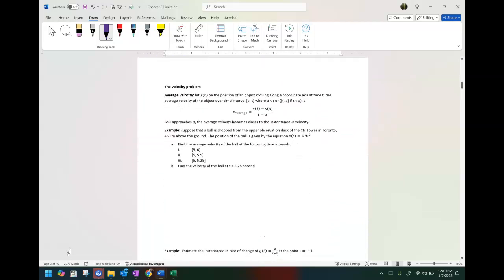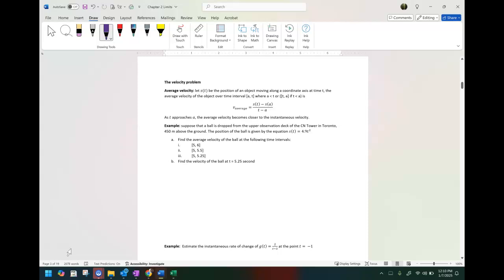Next, we talk about the velocity problem. Let's talk about the average velocity. Let S of t be the position of an object moving along a coordinate axis at time t. Then the average velocity of the object over the time interval [a, t], where a is less than t, or [t, a] if t is less than a, is given by v average equals S of t minus S of a divided by t minus a.